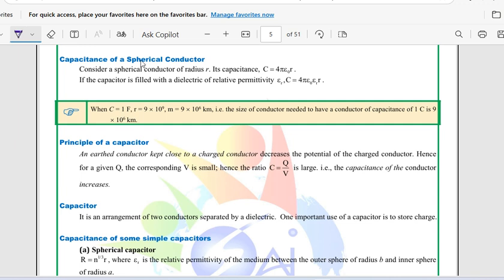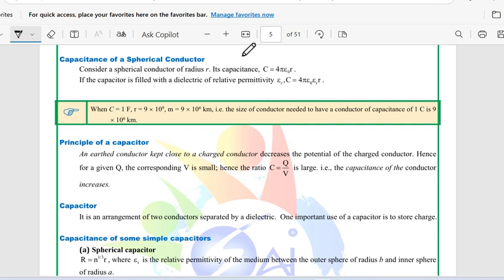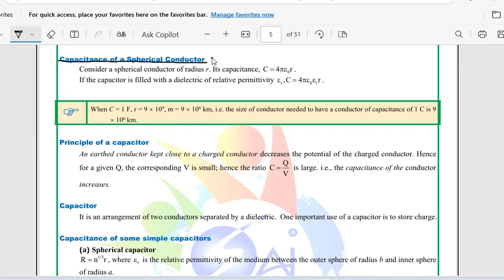The next concept is the capacitance of a spherical conductor. Consider a spherical conductor of radius r.